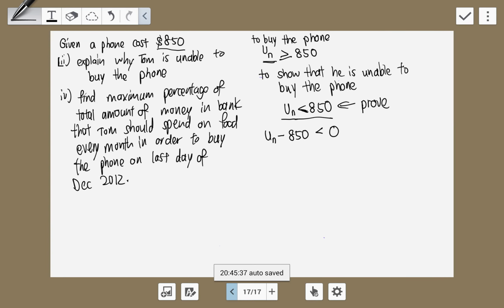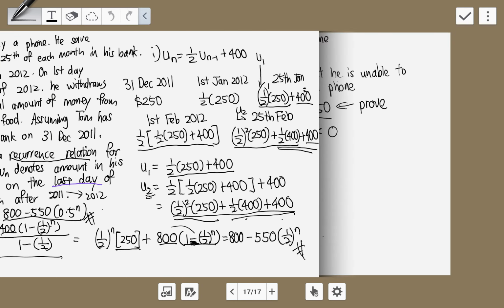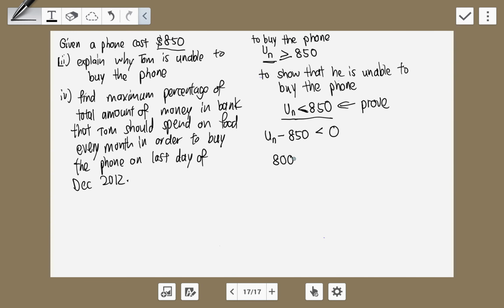So let's get back to what was our U_n. Our U_n was 800 minus 550 times 0.5 to the power of n. So let's see, 800 minus 550 times 0.5 to the power of n, minus 850. So that means U_n minus 850 equals this.